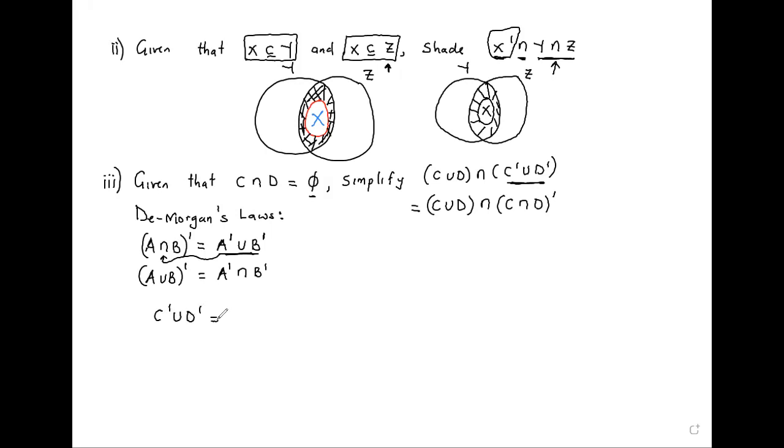I can write it as C intersection D complement. Why should I insist to have C intersection D and not C complement union D complement? Because the question has given us a condition that C intersection D is empty.